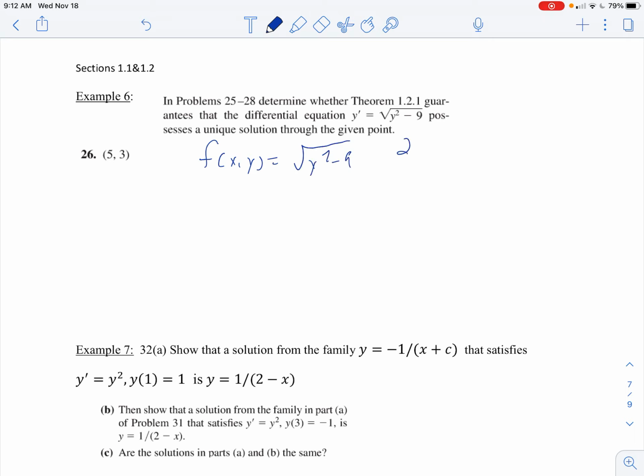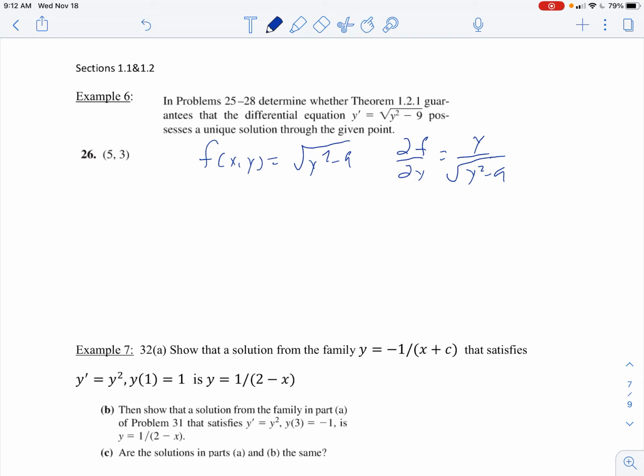And if we look at the partial of our function with respect to y, taking that, we get 2y on top, but divide by 2 because that's going to go in the denominator. So we get y over the square root of y squared minus 9. Again, just taking the derivative of our function with respect to y.